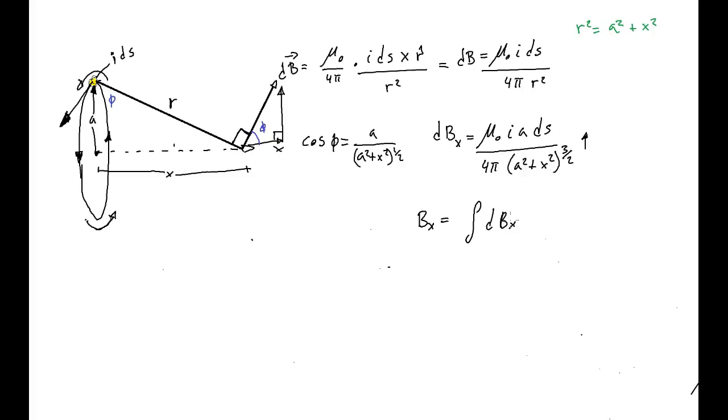They can come out front. 4 pi, a, and even x is a constant if we integrate with respect to the arc around the loop. So all of that can come out front. So we have u sub 0 I a, divided by 4 pi times the quantity a squared plus x squared raised to the 3 halves, integral ds.